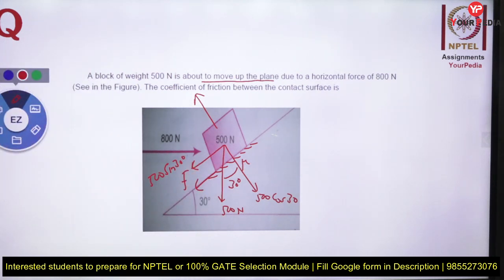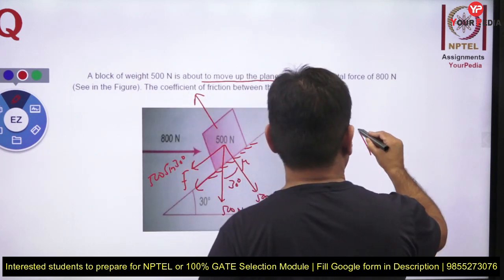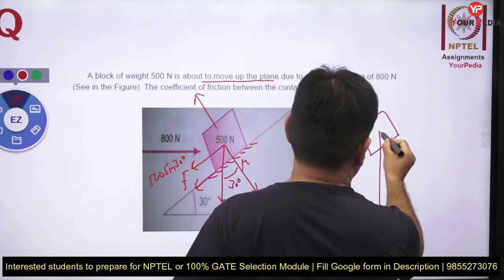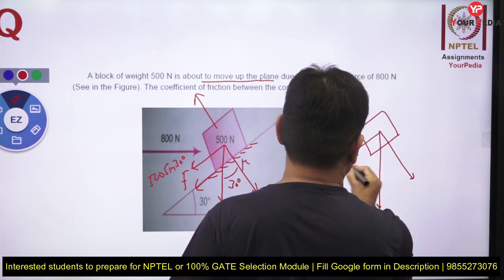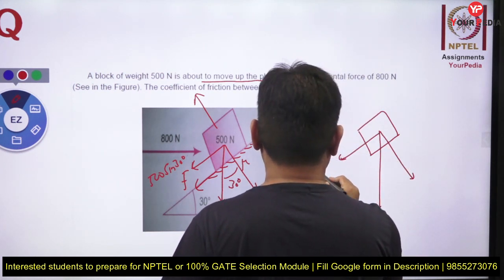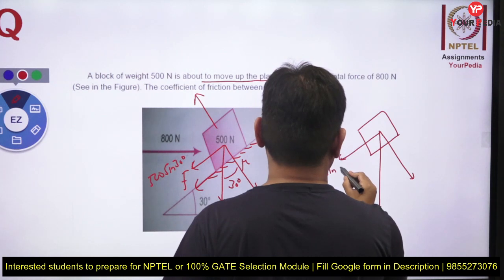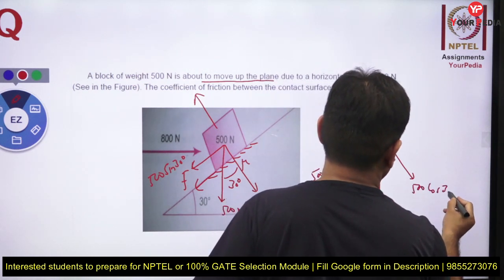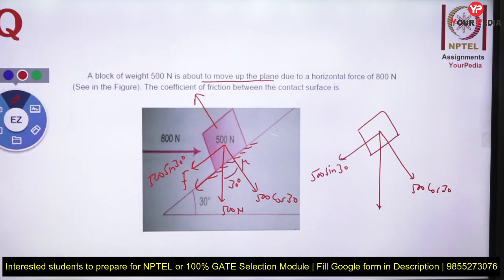So the weight of this body, which is 500 Newton, is resolved into two forces. Let me make the diagram here also so that we know how we have resolved the forces. This is 500 sin 30 and this is 500 cos 30. These are the two forces related to the weight of the block.